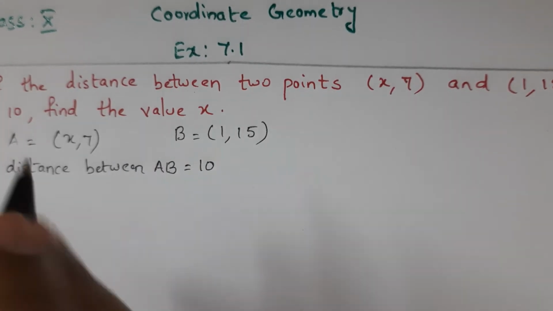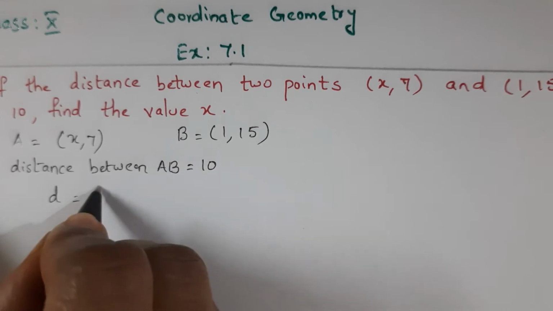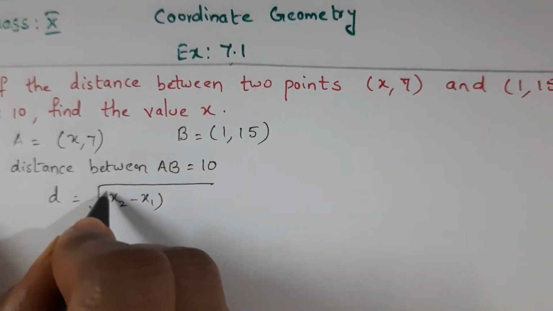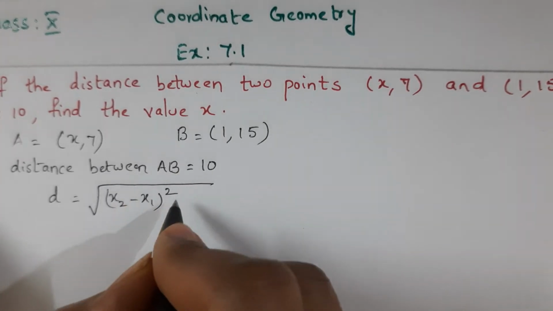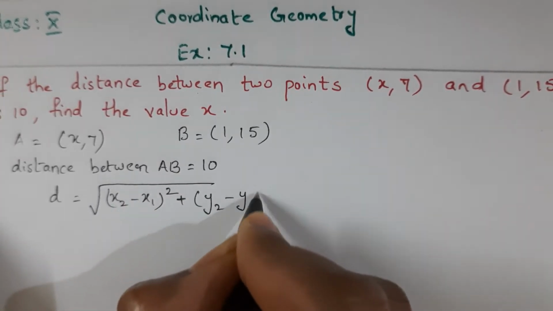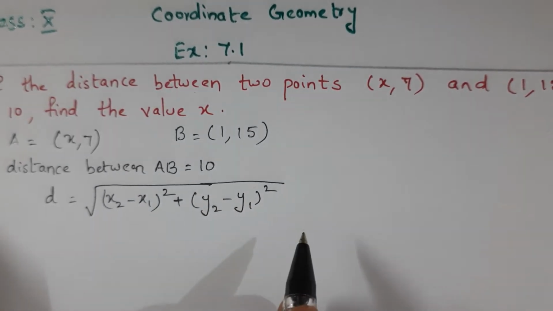So we have distance formula, that is d is equal to square root of x2 minus x1 whole square plus y2 minus y1 whole square. So this is the distance formula.